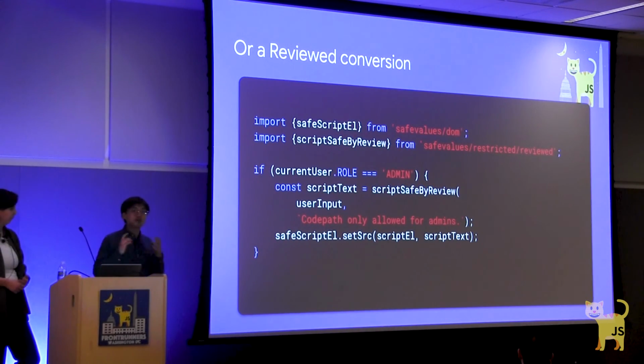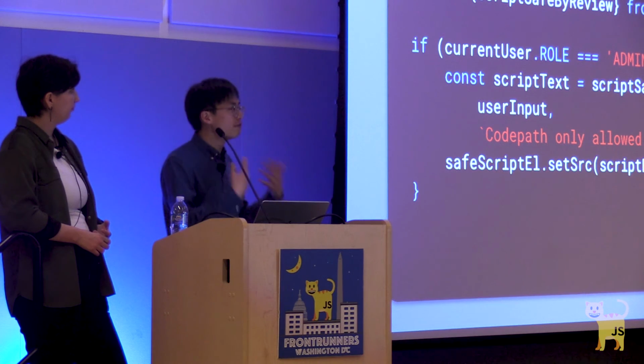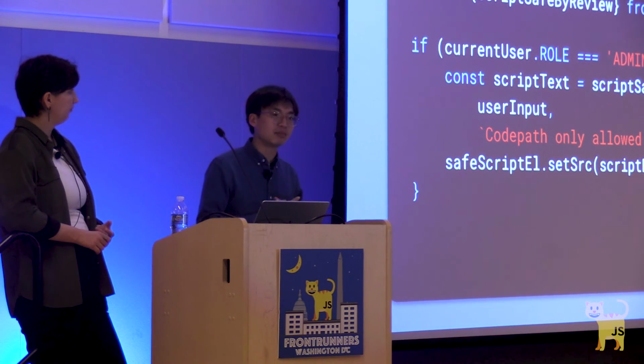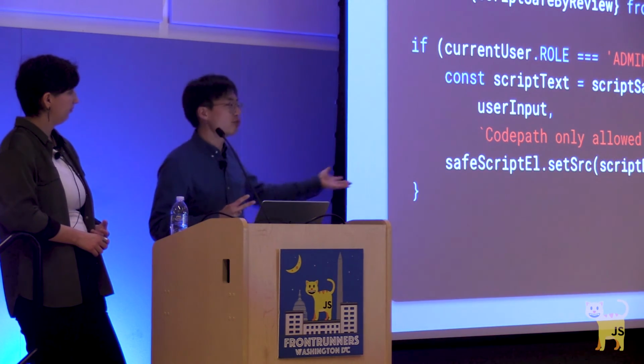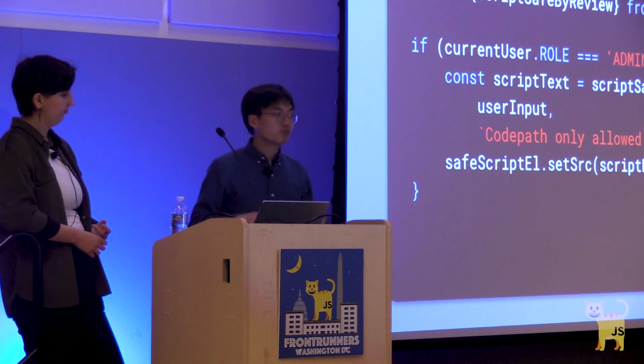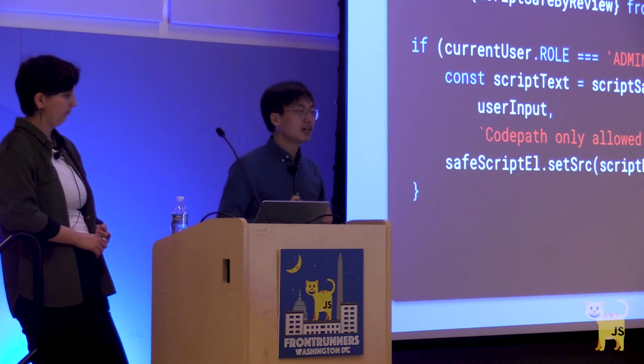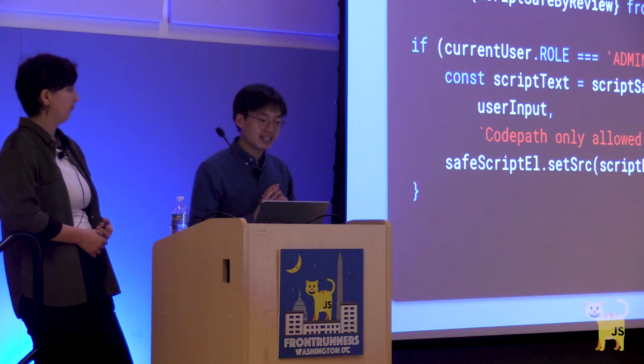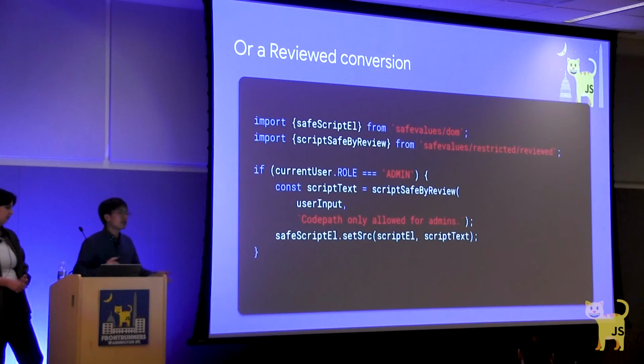So another counterpart to the legacy conversion is something that we call a reviewed conversion. A reviewed conversion is a bit more straightforward than the idea of a legacy conversion. It's just a code review, right? Even if the type system can't determine from the hints in the code that it is a safe operation, sometimes a human can look at it and say, well, this code obviously can't be exploited because it's doing something quite obvious.